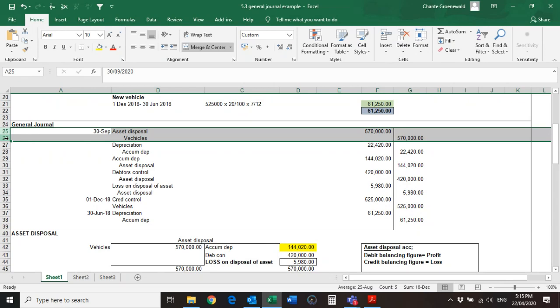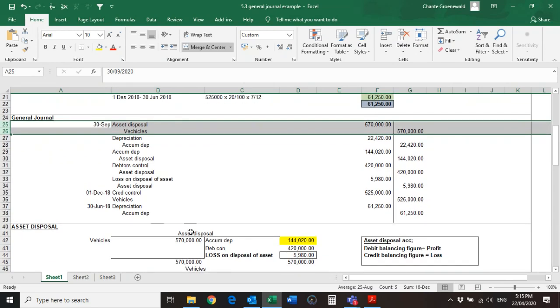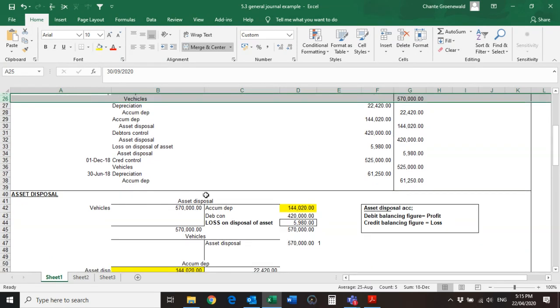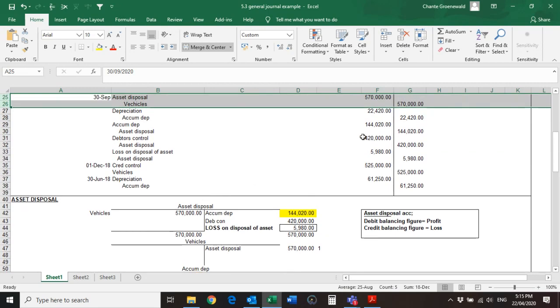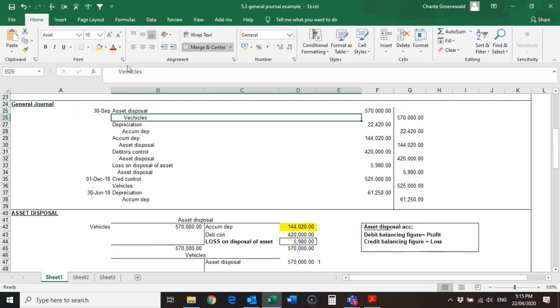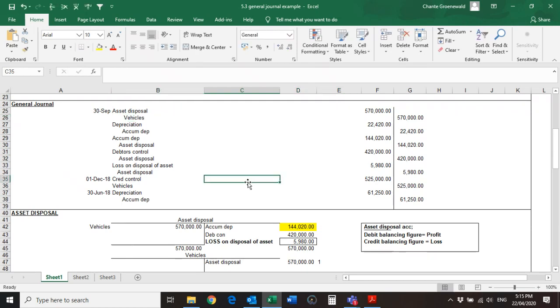Okay, so in order to do that, all you do now is ask: what account did I debit? Can you see that I debited the asset disposal account with my cost price? What did I credit?